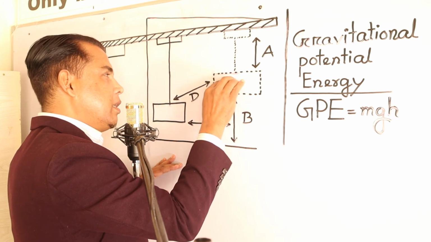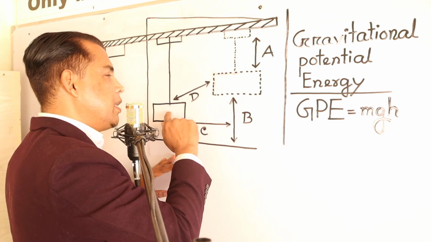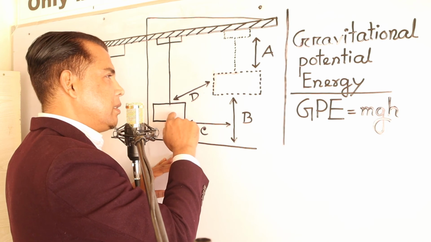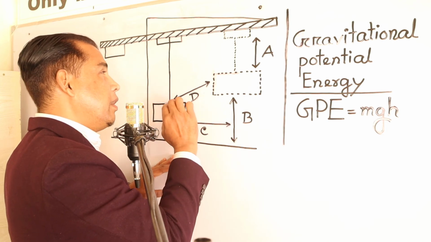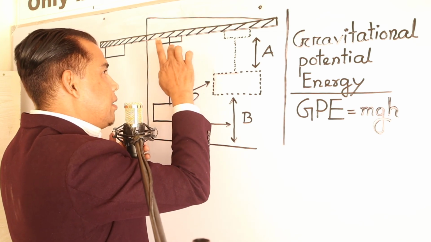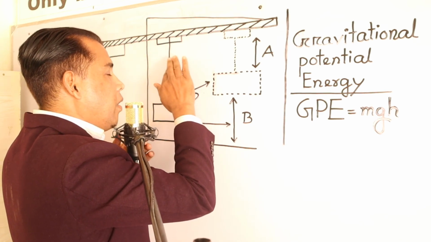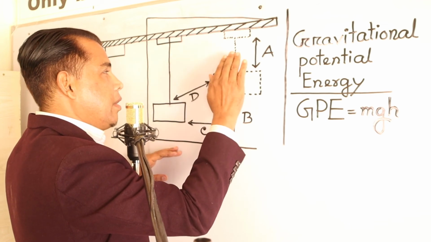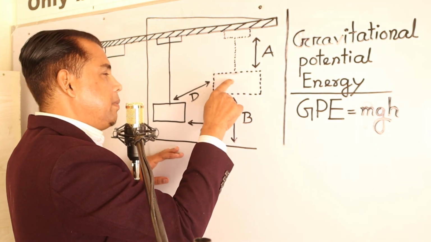Question of mass, exactly, this is our targeted mass, but at the time of raising, in a crane things are always raised up at the corner, so this will be the expected picture.